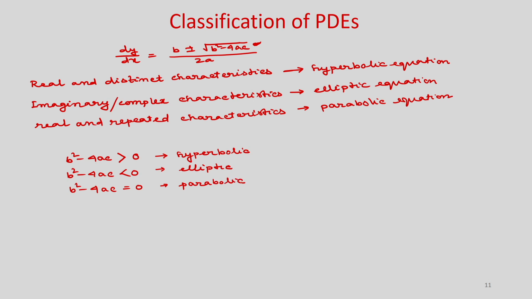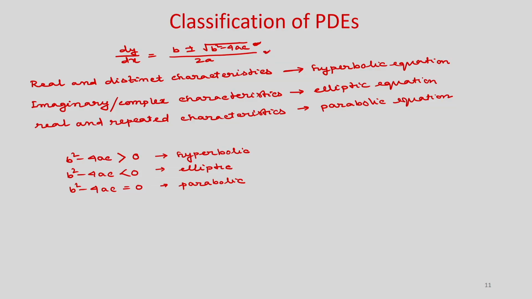So, now converting this PD to OD with a certain condition, we have shown that the characteristic dy by dx can be expressed in terms of the coefficients a, b, c, and this is the relation: b plus minus root b square minus 4 ac by 2a. So, dy by dx is the characteristic, which you have represented in terms of the coefficients a, b, c of the second order PD.